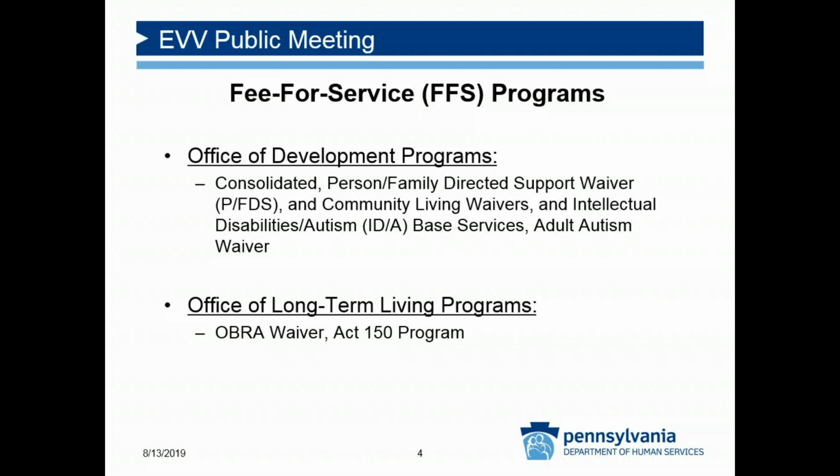And we wanted to note that this is for agency and participant-directed services. Also, under the fee-for-service programs, we have the OLTL programs, or Office of Long-Term Living programs, of the OBRA waiver and the Act 150 program. And again, as we noted previously, respite camp is no longer included as a personal care service that needs to comply with EVV implementation for January 1st, 2020.